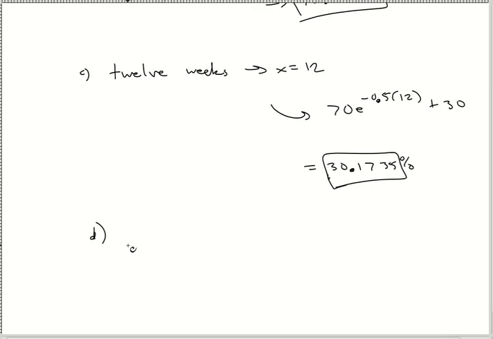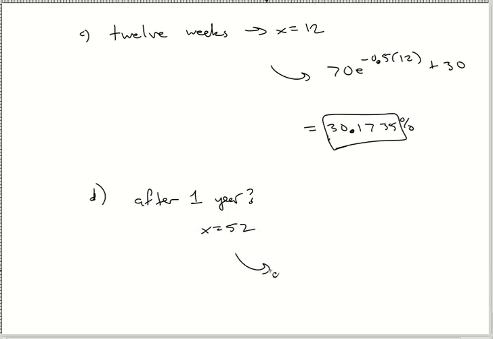So, part D, it says, what's going on after 1 full year? And what we have, x is actually going to be 52. But when you plug that in, it won't even give you a decimal, I don't think. It'll just give you 30.